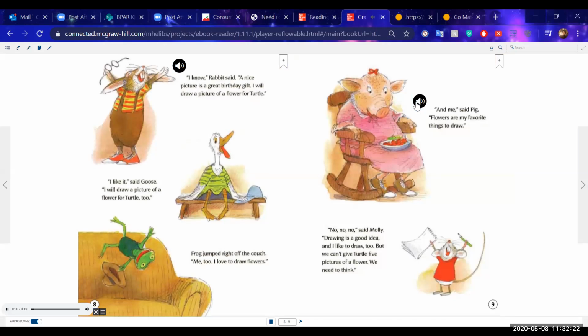And me, said Pig. Flowers are my favorite things to draw. No, said Molly. Drawing is a good idea, and I like to draw too. But we can't give Turtle 5 pictures of a flower. We need to think.